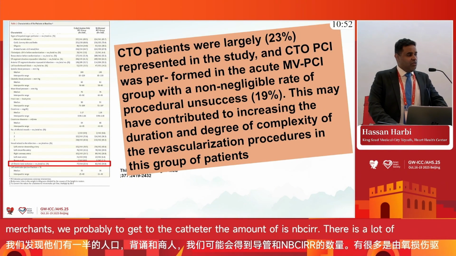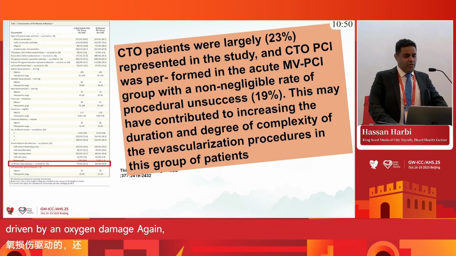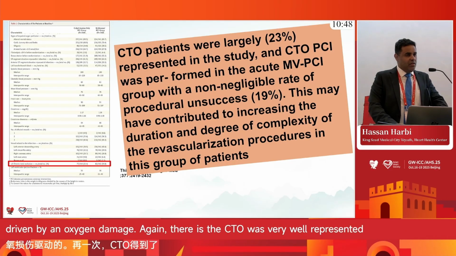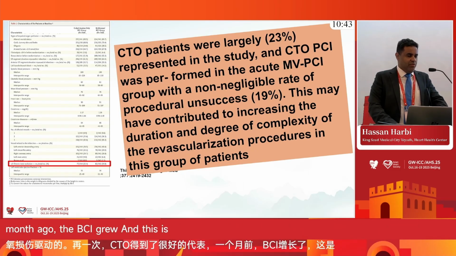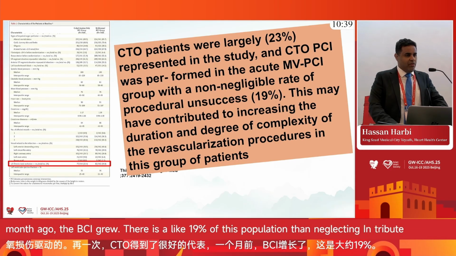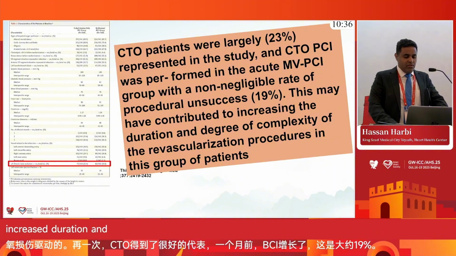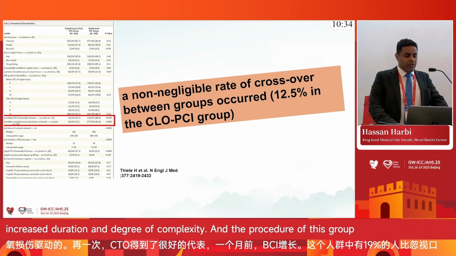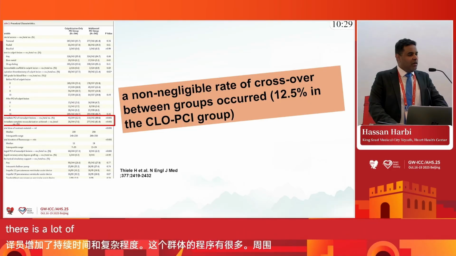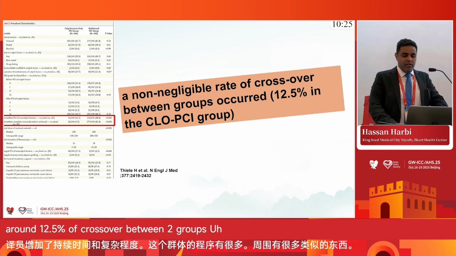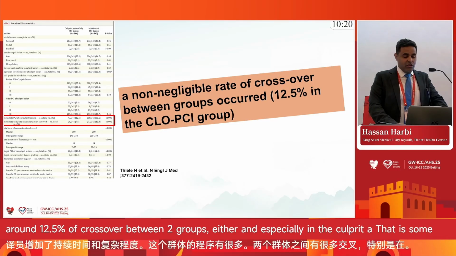Again, CTO was well represented in the multivessel PCI group, about 19% of this population, a non-negligible contribution to increased duration and complexity of the procedure. There was also around 12.5% crossover between the two groups, especially in the culprit-only group.